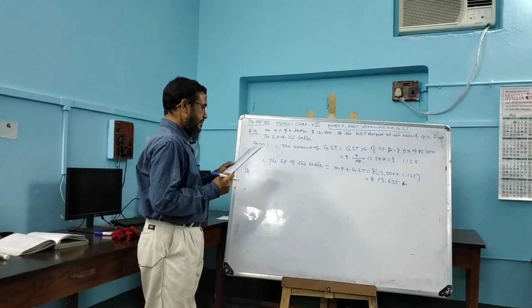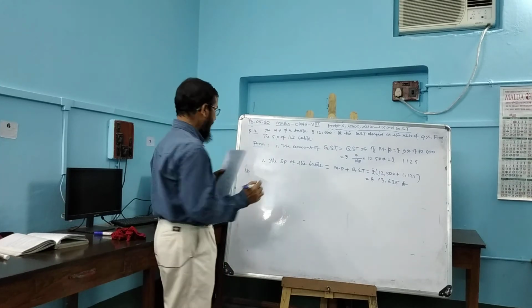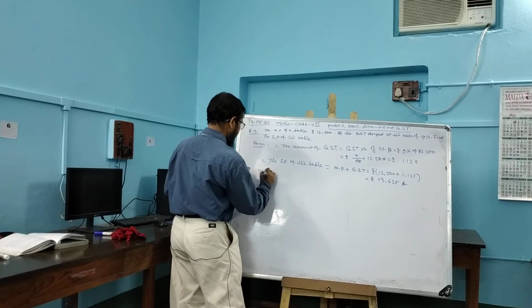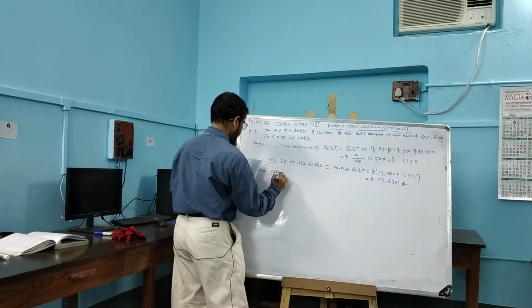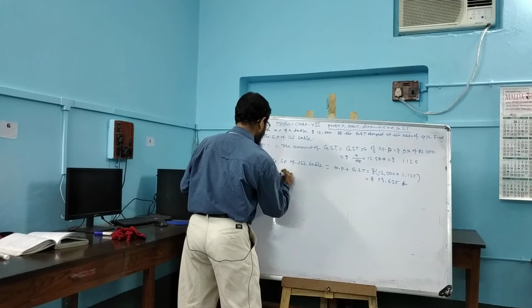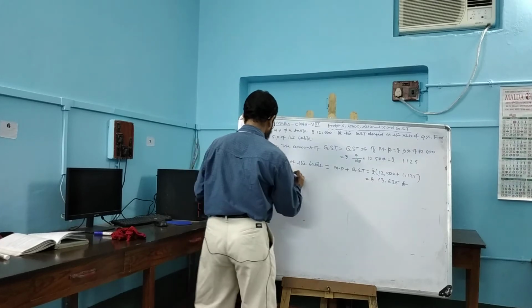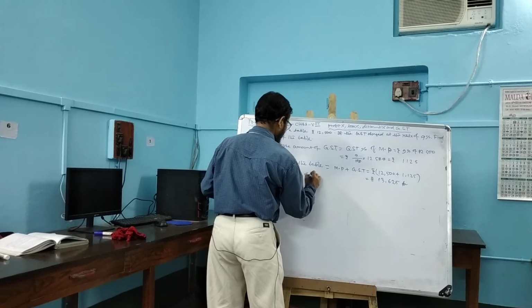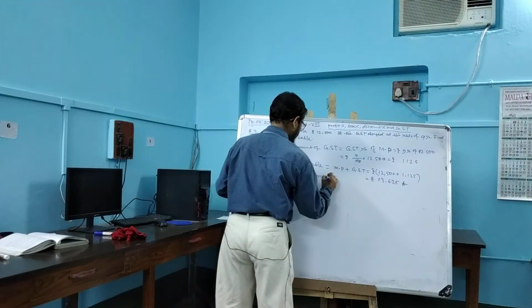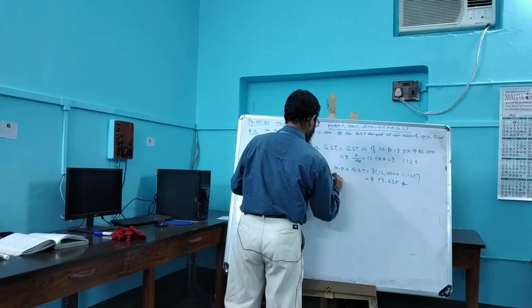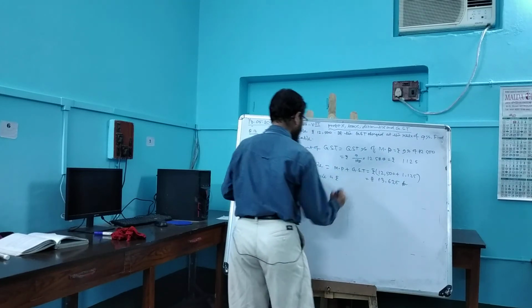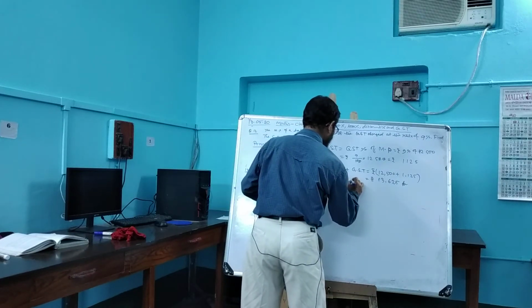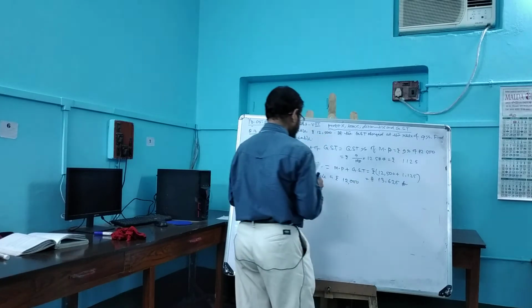Question number 13. The catalog price of a cycle is rupees 12,000.